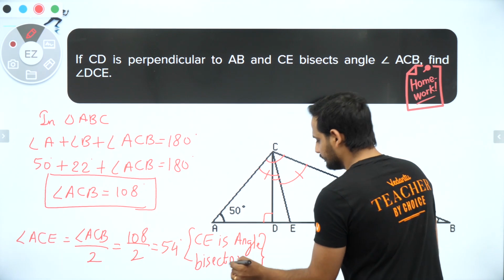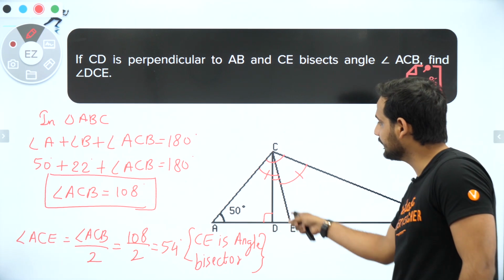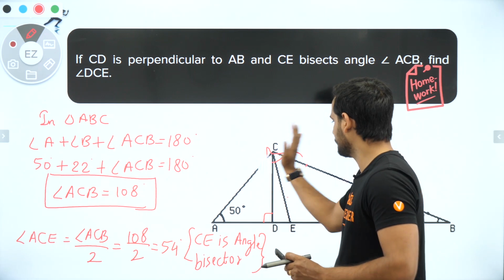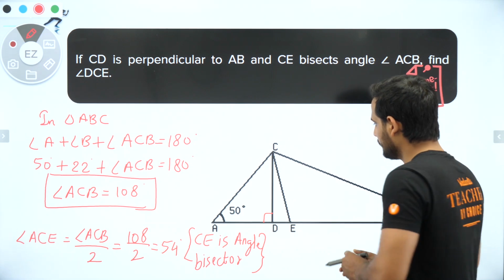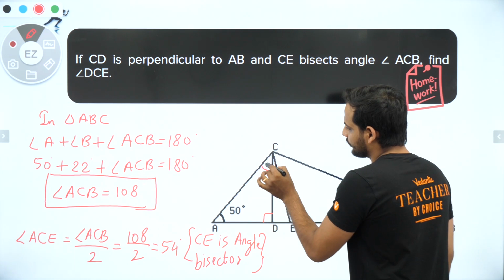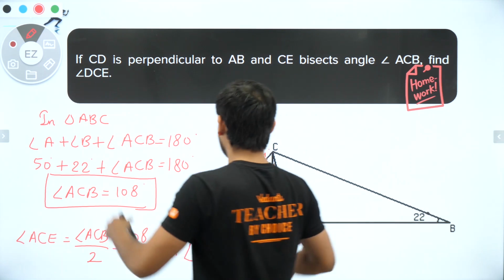So we got angle ACE as 54 degrees. Let me show you this clearly here. This whole angle from here to here is 54 degrees.